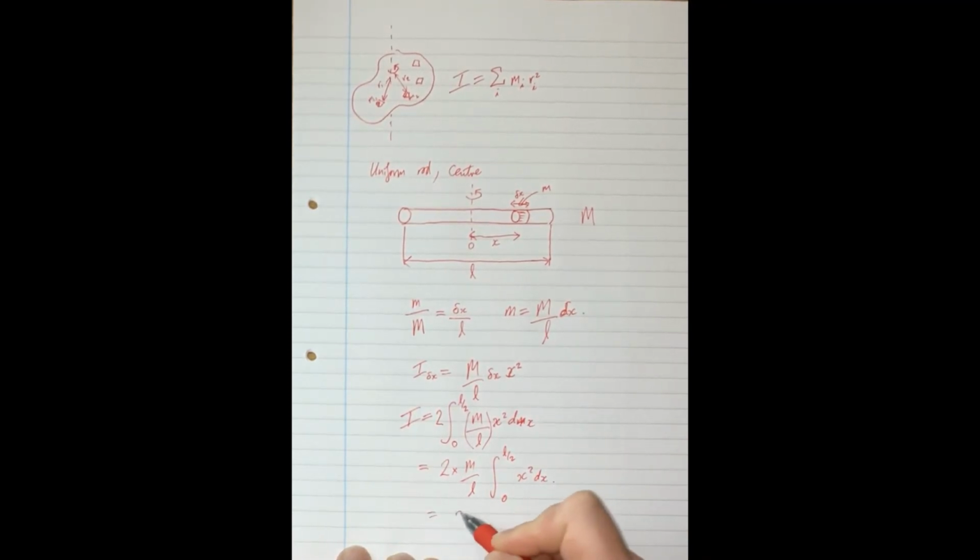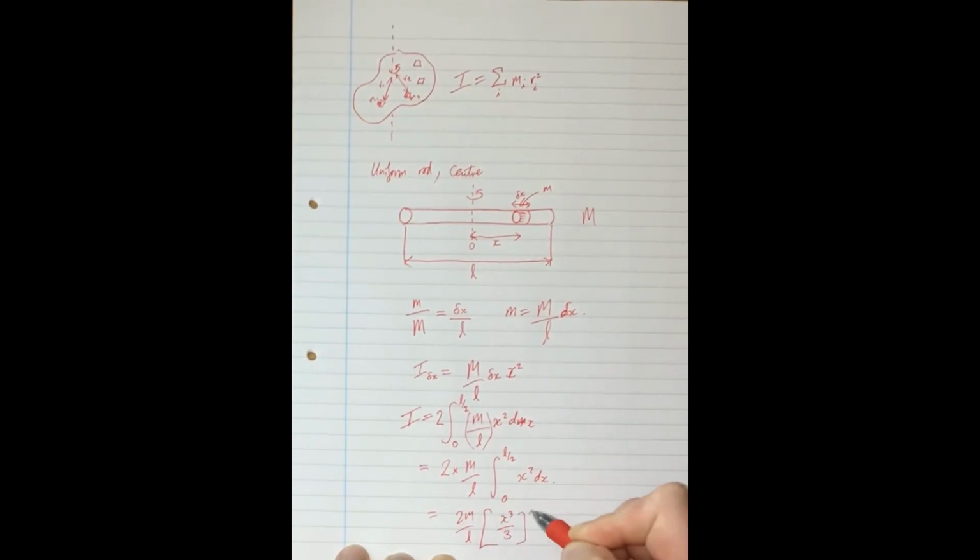And then that comes out as x cubed over 3, and if we put these limits in, we'll have 2M over L times (L over 2) all cubed over 3, take away 0 cubed over 3, which is 0, so we'll just leave it at that.